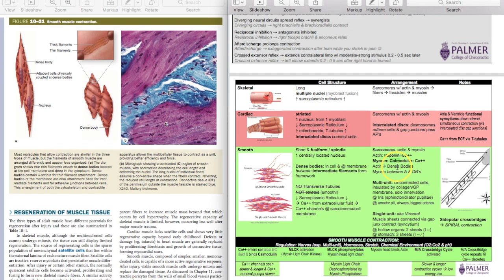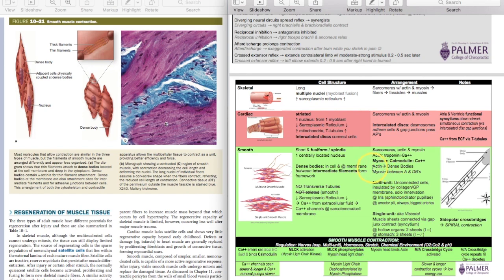Or if there are smooth seas, like on the ocean, the sea is calm. Maybe that helps you. Maybe not. Maybe you have a better way. If you do, please let me know. But otherwise, it's in front of you here to memorize one way or another that myosin is associated with calmodulin, which binds the calcium in the contractile process.